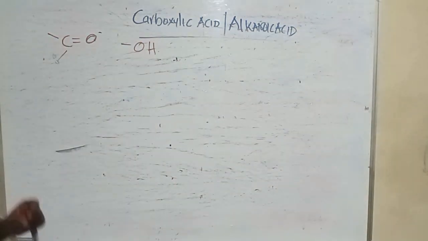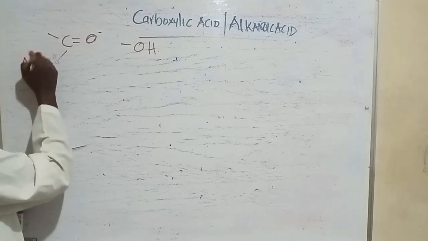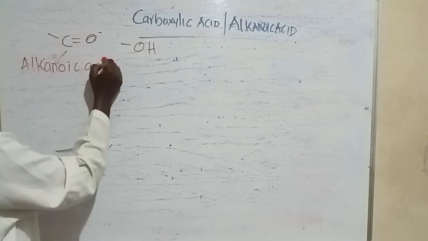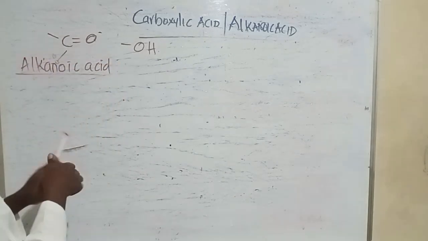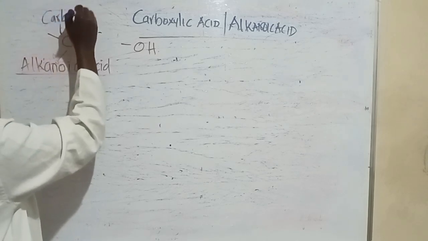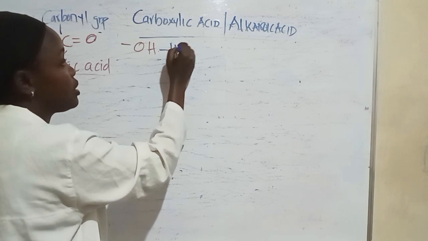So what are some of the members of our carboxylic acid? So examples of alkanoic or carboxylic acids. So these ones we've said, this is a carbonyl group, and this is a hydroxyl group.